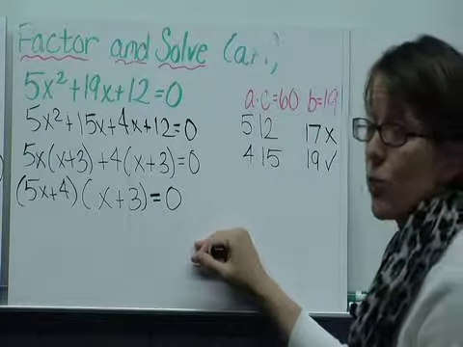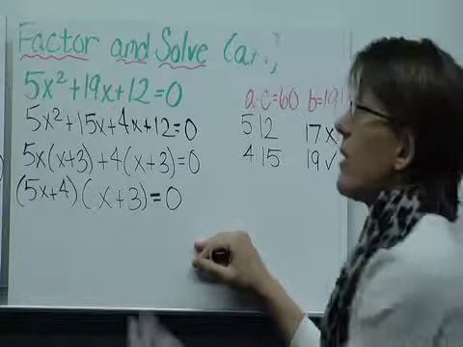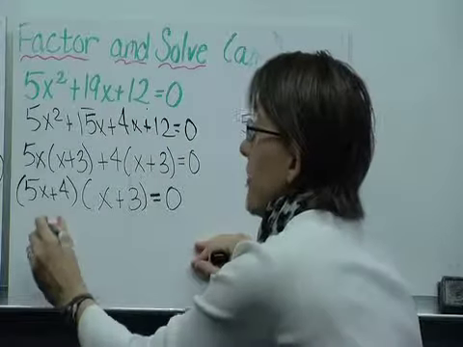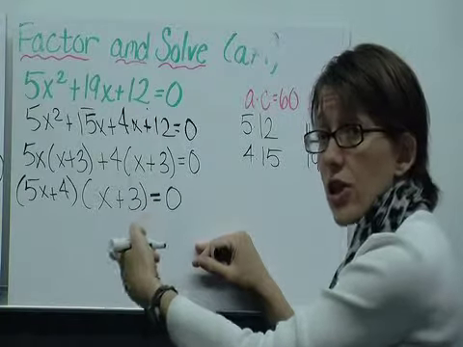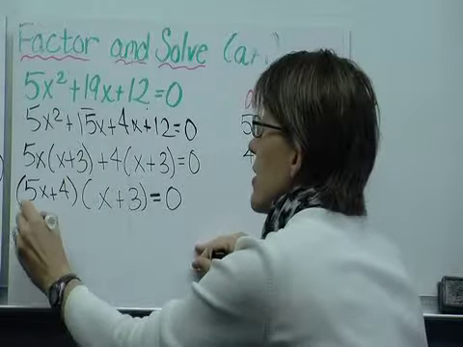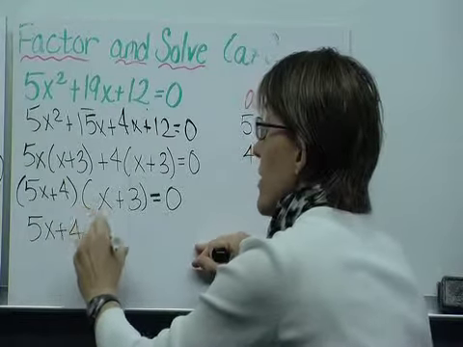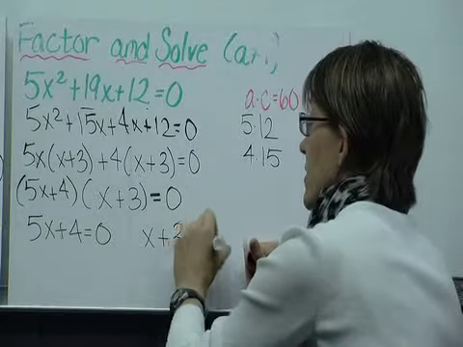And again, it's worthwhile for you to check using multiplication to make sure you get back to this original polynomial. Feel free to pause and check and make sure that I'm doing this right, then you can write your 2 equations. 5x plus 4 equals 0, and x plus 3 equals 0.